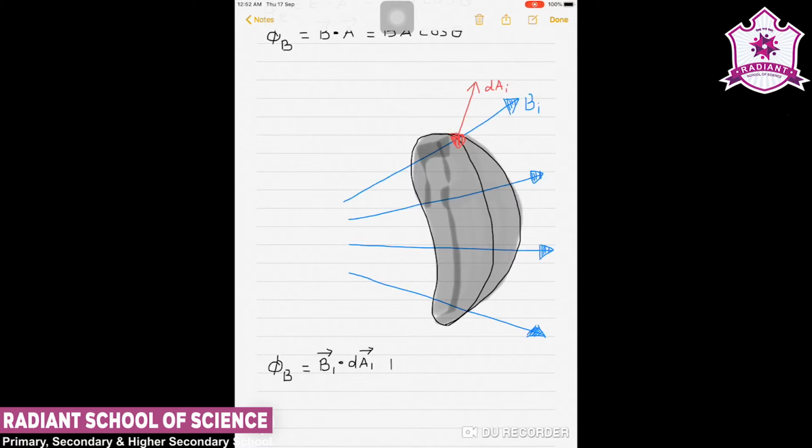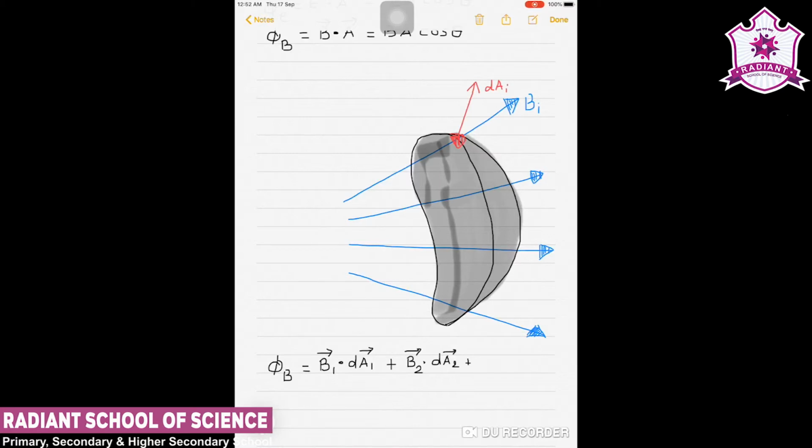Then in the same manner we take another small segment, say B2, and related to that the cross section area will be dA2, and so on.